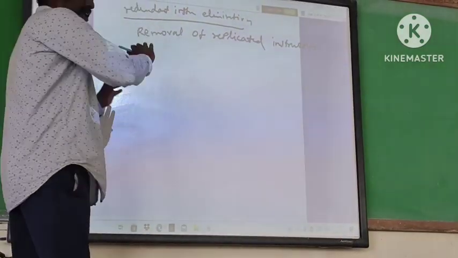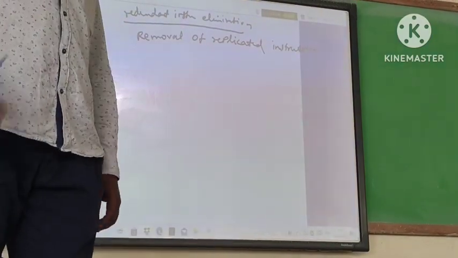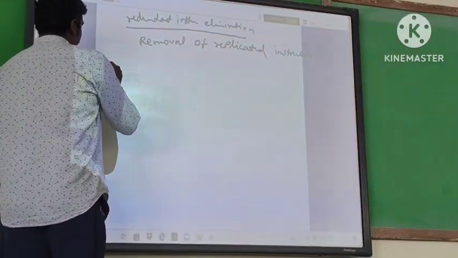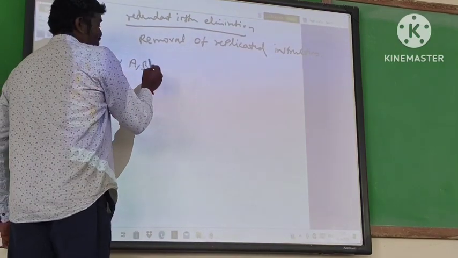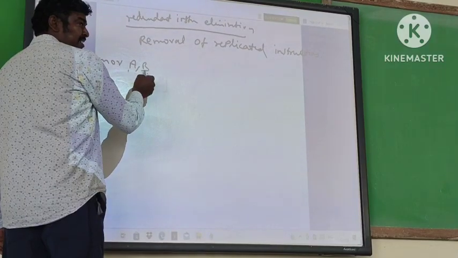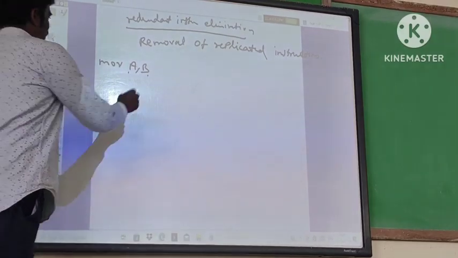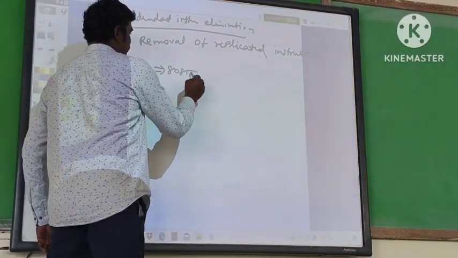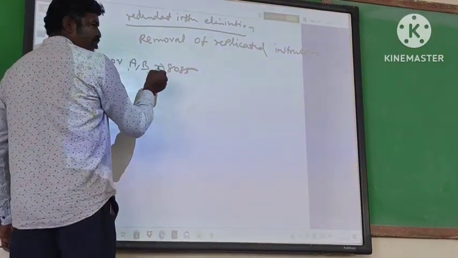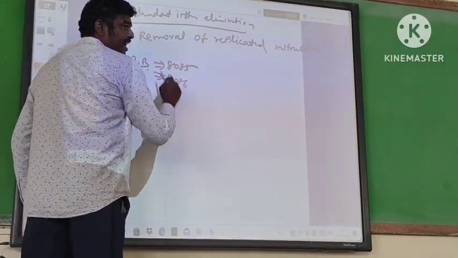Let us assume that I write the assembly level code in 8086 version, not 8085 version. What is the difference between 8085 and 8086? For example, when I write MOV A comma B, if B is getting stored in A, then it is called the 8085 version. Suppose A is getting stored in B, vice versa, then it is called the 8086 version.